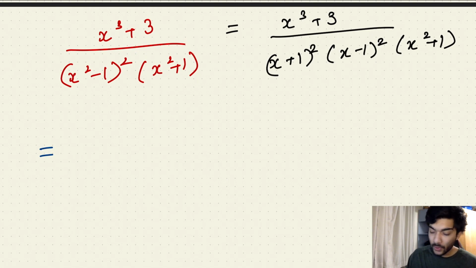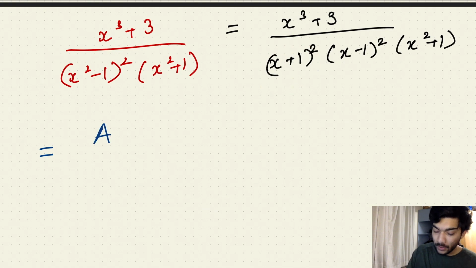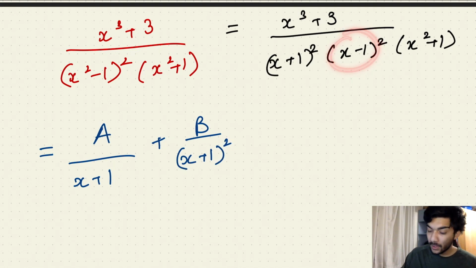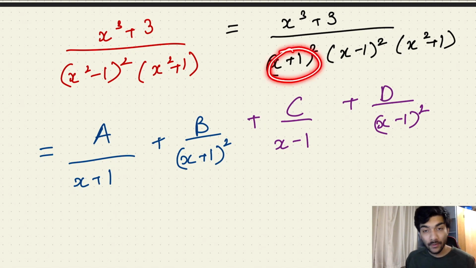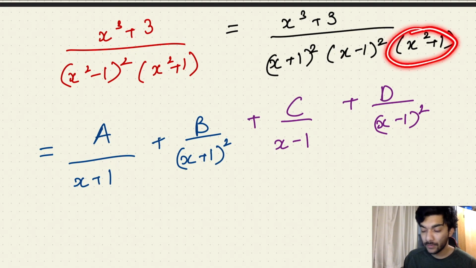So in this case, for x plus 1 whole square, this expression will be a upon x plus 1 plus b upon x plus 1 whole square, right? And similarly, this would be the case for x minus 1 whole square as well. So for x minus 1 square, you'll have c upon x minus 1 plus d upon x minus 1 whole square, right? So now we are done with x plus 1 whole square. We're also done with x minus 1 whole square.